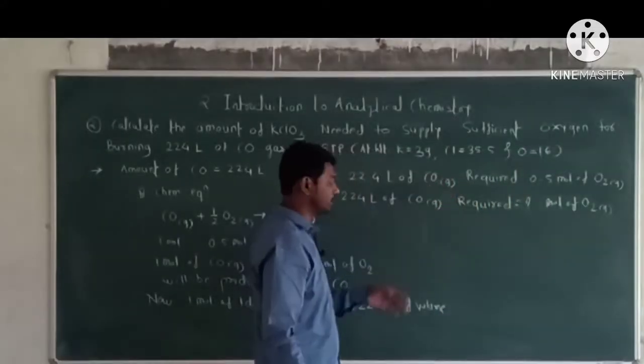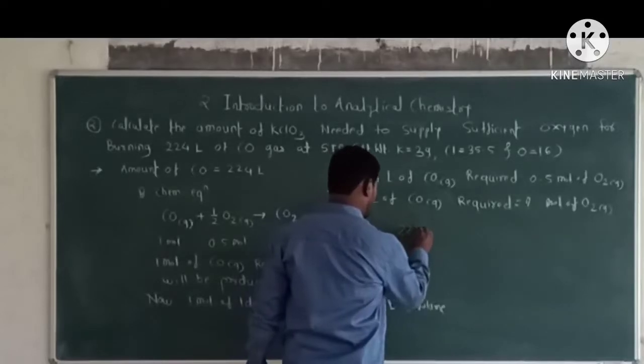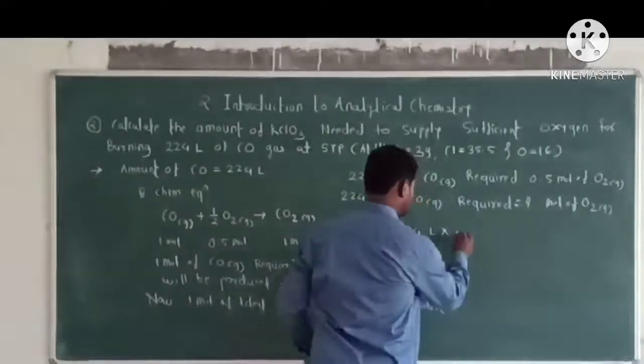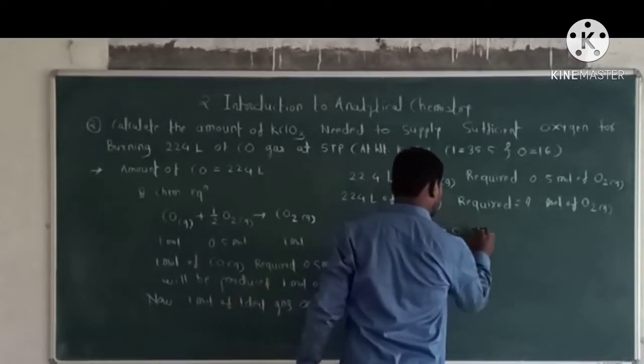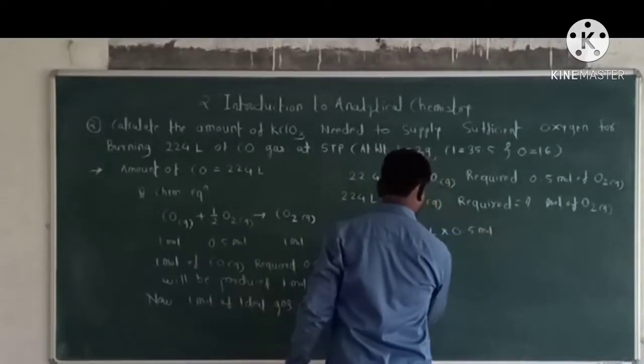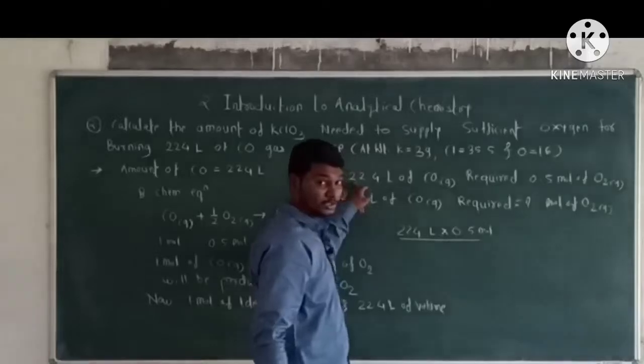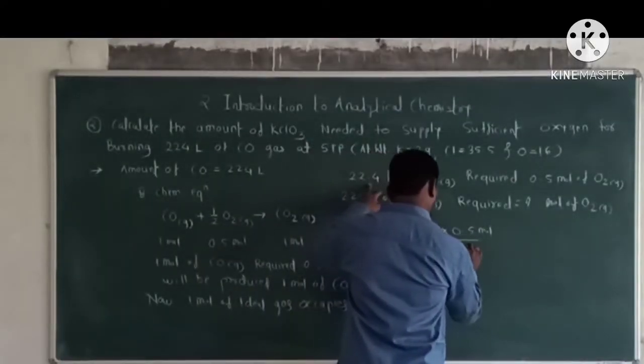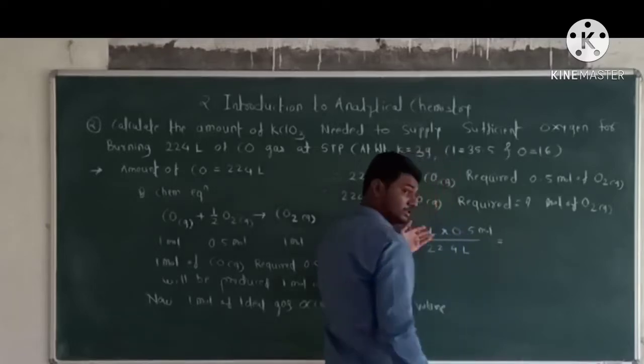Cross multiplication, that is 2.4 liters into 0.5 mole divided by 22.4 liters. Okay, solve this equation.